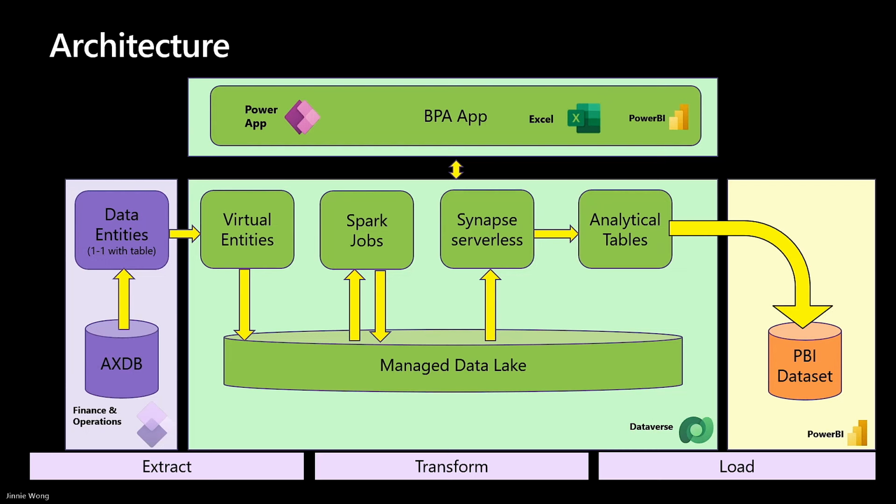As soon as we install the BPA app on an environment, it creates the virtual entities for whatever input entities are required to generate the dimensional model for a specific value chain, be it record to report or order to cash. And all of these virtual entities are mapped one-to-one to the data entities. Once the virtual entities are created and the app is installed, the extract phase starts, which syncs the data from the underlying FNO systems to the data lake, which is again a managed data lake tied to your Dataverse environment.